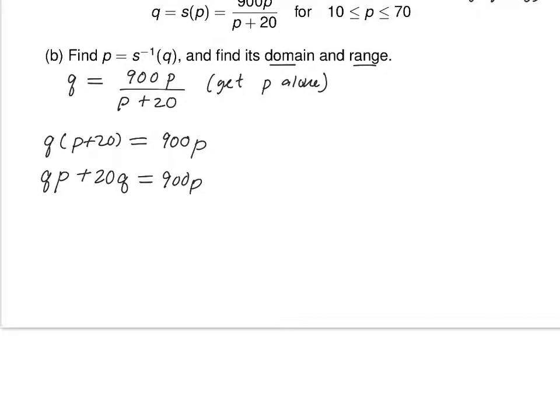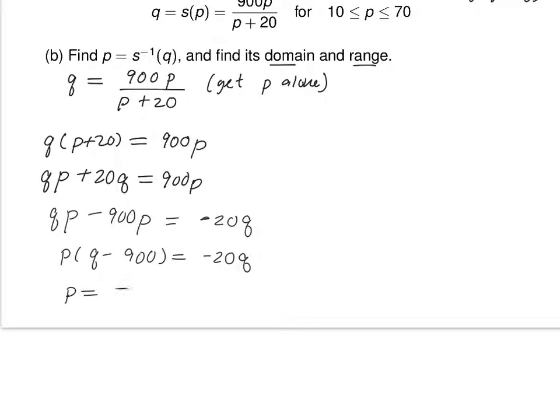So let's put the P's on the left. QP minus 900P equals minus 20Q, right? Factor out your P. And P equals negative 20Q over Q minus 900.